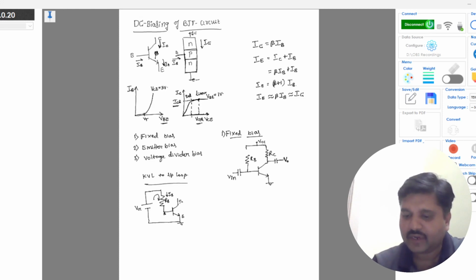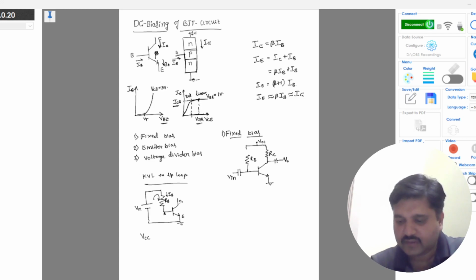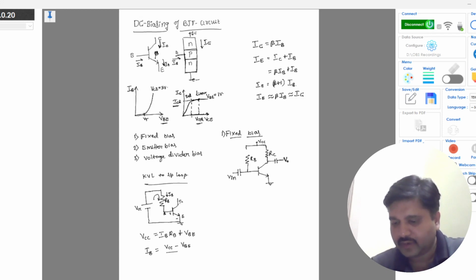Applying KVL to the input loop, the equation will be VCC is equal to IB RB plus this branch VBE. We are supposed to find IB. So IB is VCC minus VBE divided by RB.